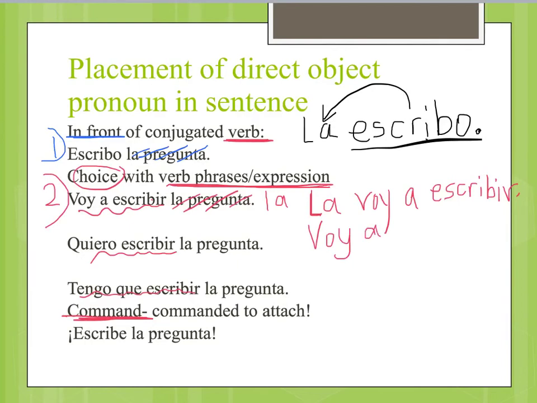So you'd end up with voy a escribirla, written as one word, attached.